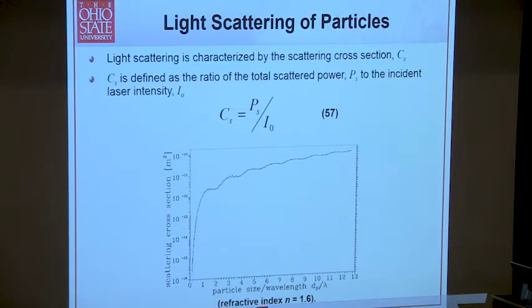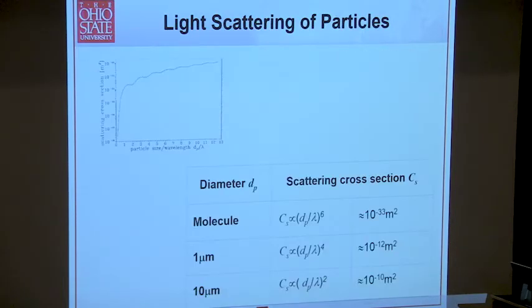Okay? So if we look at some scattering cross-sections just roughly, if we have a molecule, the scattering cross-section would scale as the particle diameter to the 6th power, okay? And this shows you a cross-section. If we move to a 1 micron particle, we're in this regime where things scale to the 4th power.